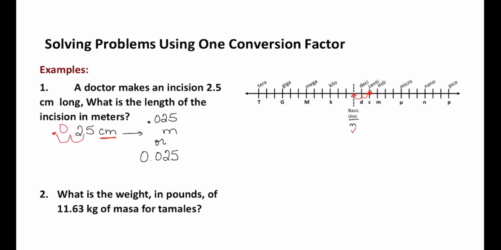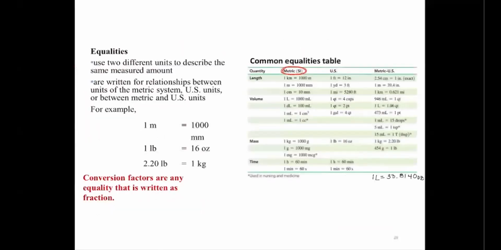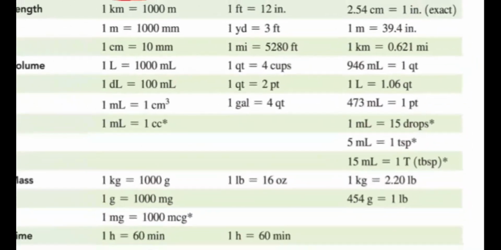Let's look at the bottom one, okay? What is the weight in pounds of 11.63 kilograms of masa for tamales? Sorry if I'm making anybody hungry, okay? So the relationship between pounds and kilograms is in that table that I showed you guys here.